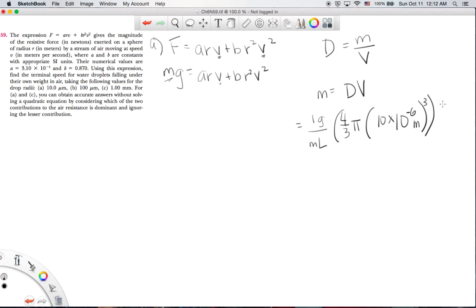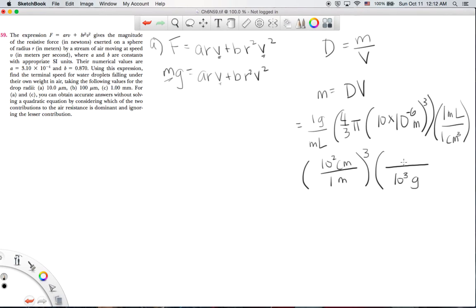Then 1 milliliter is equal to 1 cubic centimeter, and there are 100 centimeters in 1 meter, but they're all cubes, so you have to cube this. This will give us the mass of the water droplet in grams, and we want kilograms, so we say that there are 1,000 grams in 1 kilogram.